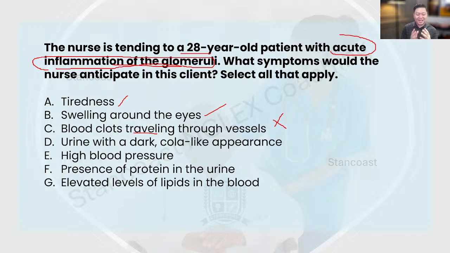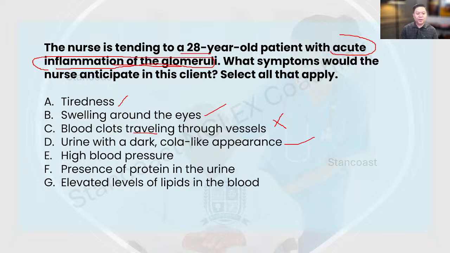It will be cloudy, kind of looking, and this is a typical manifestation in acute glomerulonephritis, and this is because of the inflammation and the damage to the glomeruli. And of course, the red blood cells are allowed to leak into the urine. That's why we're going to see that frothy, cola-colored urine.